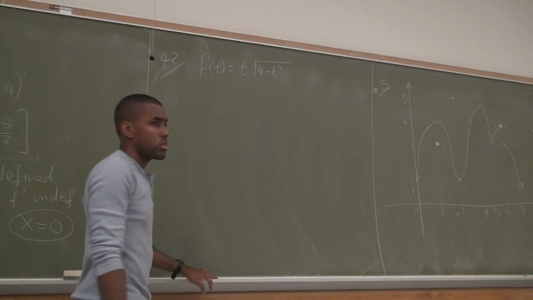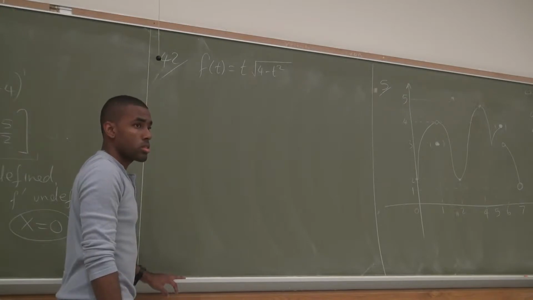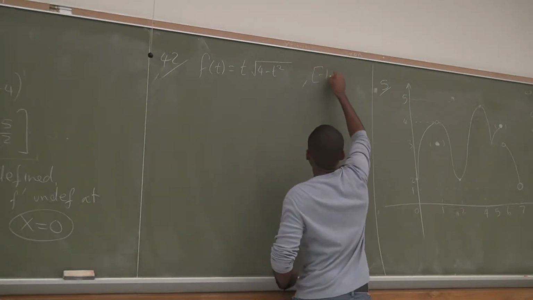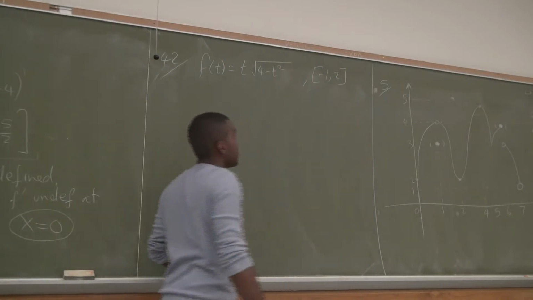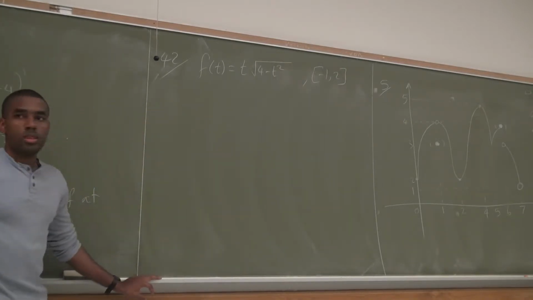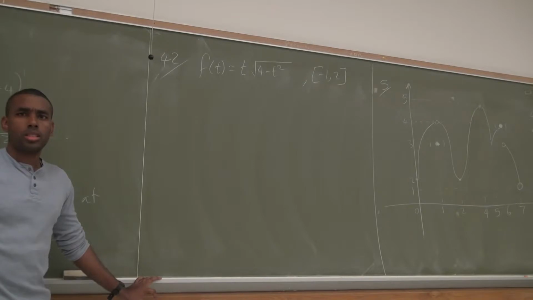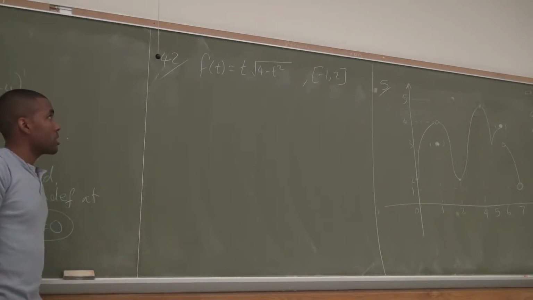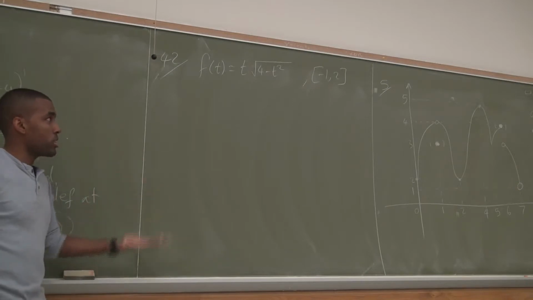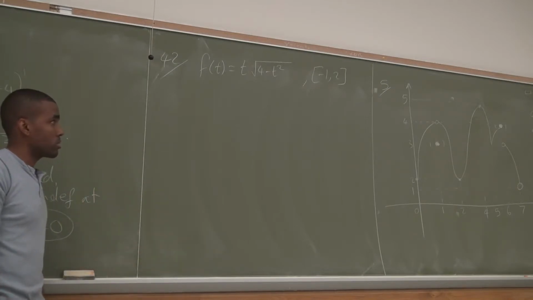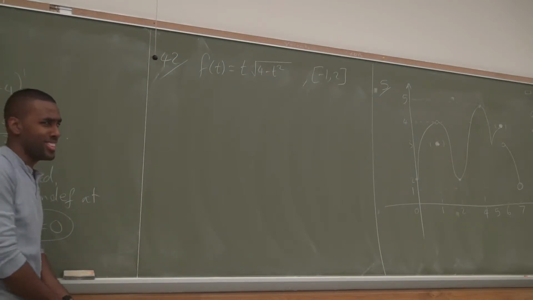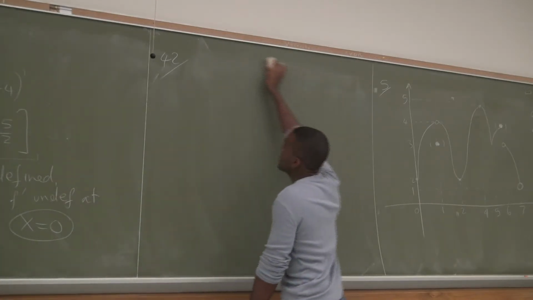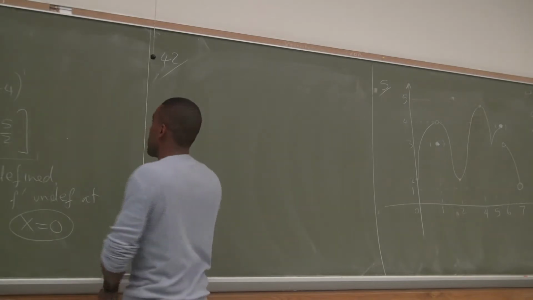Maximum and minimum between negative 1 and 2. Absolute maximum. That's question 41. Is 42 similar? 42 is nowhere close to that. What is 42?